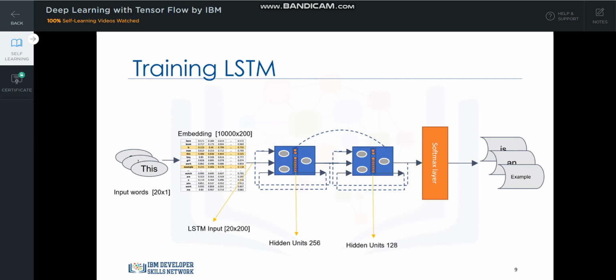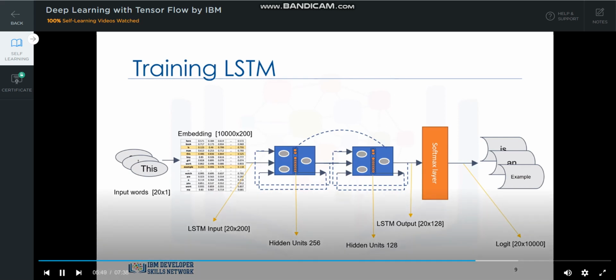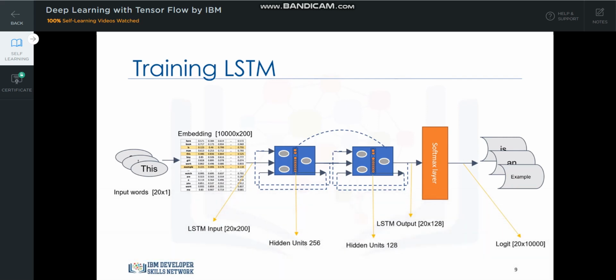In our network, we have two LSTM units with arbitrary hidden sizes of 256 and 128. So, the output of the second LSTM unit would be a matrix of size 20 by 128. Now, we need a softmax layer to calculate the probability of the output words. It squashes the 128-dimensional vector of real values to a 10,000-dimensional vector, which is our vocabulary size.